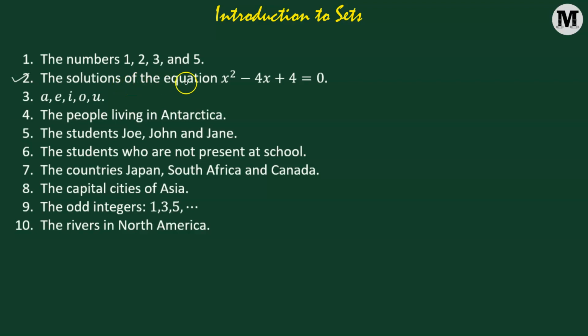This is the solutions of the equation x squared minus 4x plus 4 equals 0, and we're going to represent this in a different way. Let's say we name this set as set A. Now set A, we're going to rewrite it, so it's very important. We're going to use curly braces. Inside this set, we're going to write the element x. So we're saying that A is a set which contains the elements referred to as x.